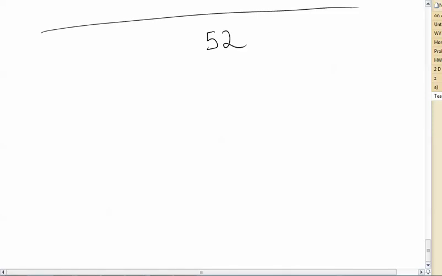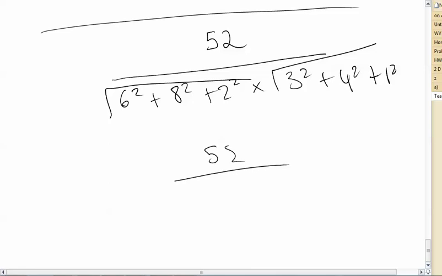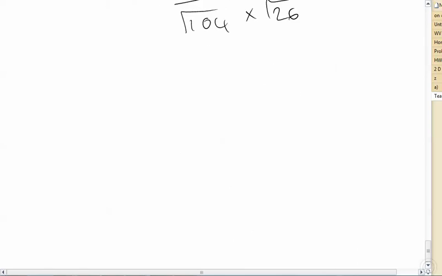The numerator ended up being 52 if you do the math, and on the bottom, square root of 6 squared plus 8 squared plus 2 squared, multiplied by square root of 3 squared plus 4 squared plus 1 squared. That ends up being square root of 104 times square root of 26, which is 52 divided by 52, and that equals cosine of theta.